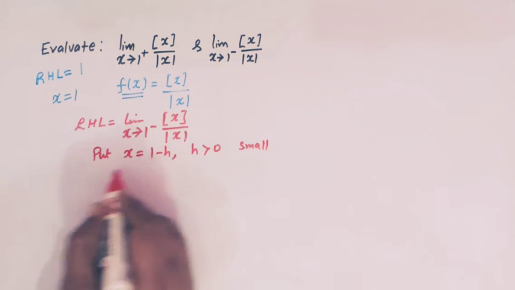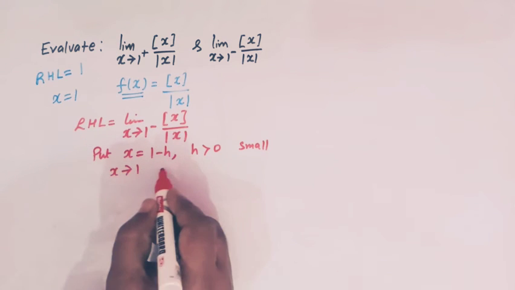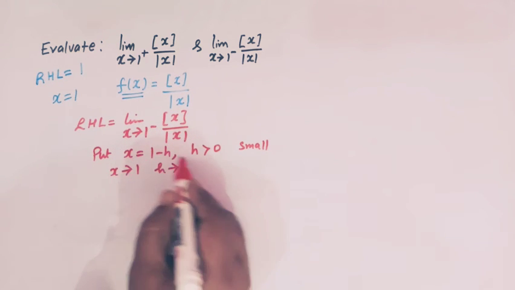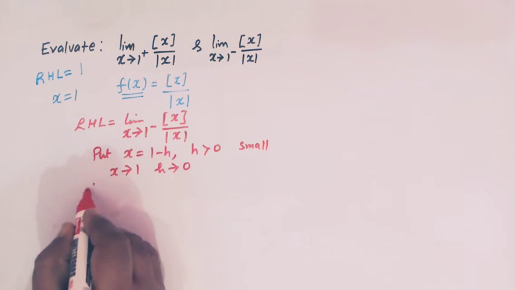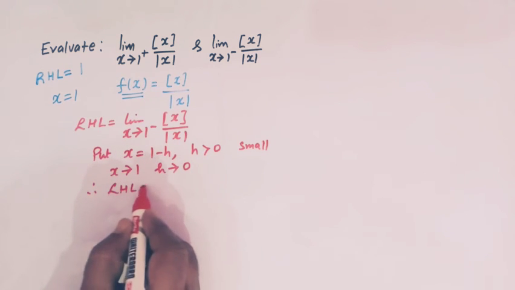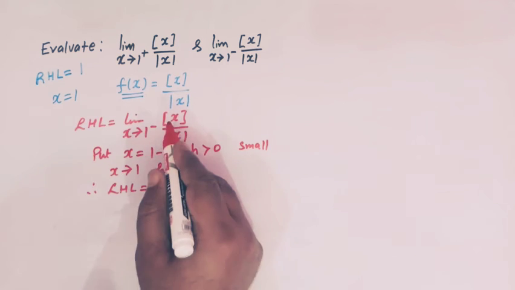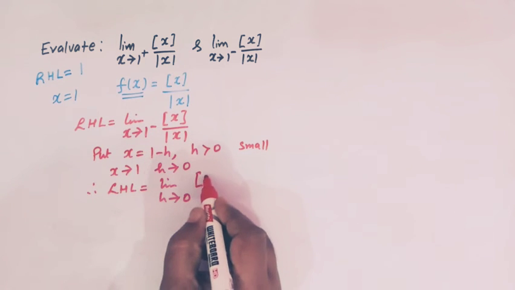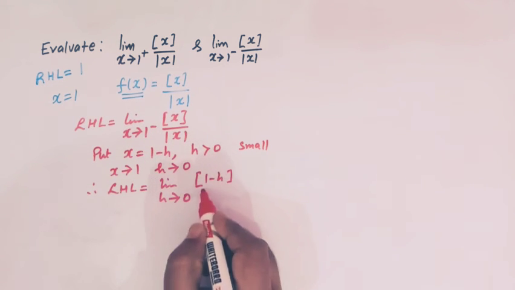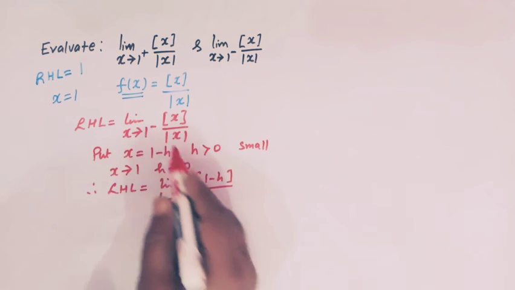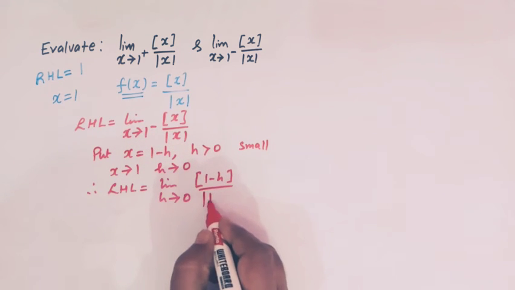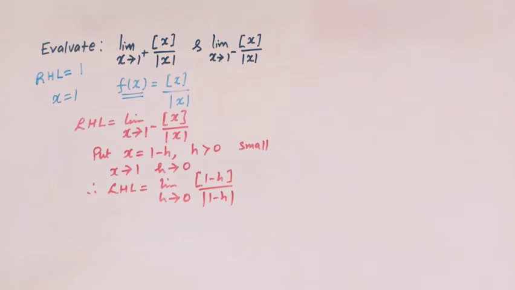When x tends to 1, h tends to 0. Therefore the left hand limit is equal to limit h tends to 0 of greatest integer 1 minus h divided by absolute value of 1 minus h.